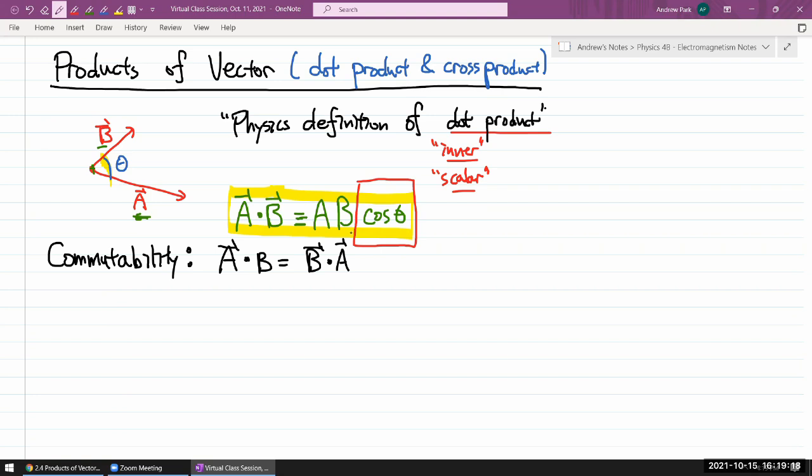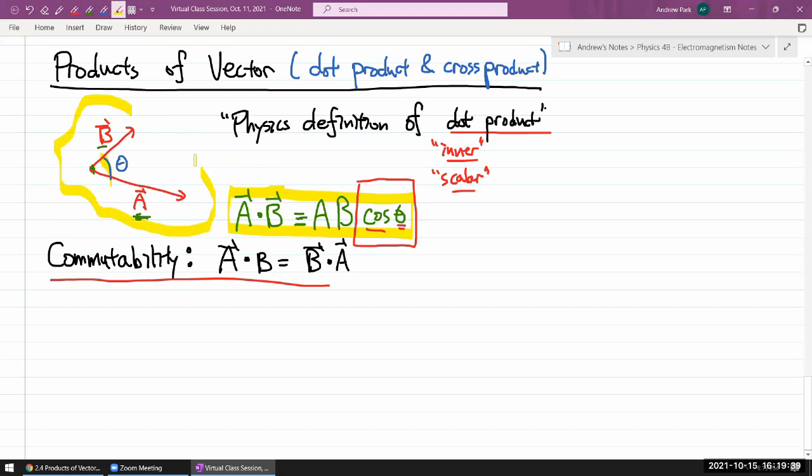And you can see how this is related to the fact that the angle goes in as an argument of cosine, rather than sine or tangent. Imagine this picture here. If you have A dot product with B, then you have this angle between them.